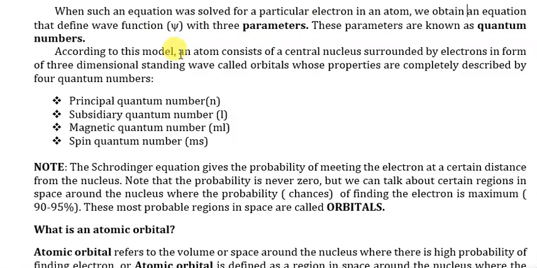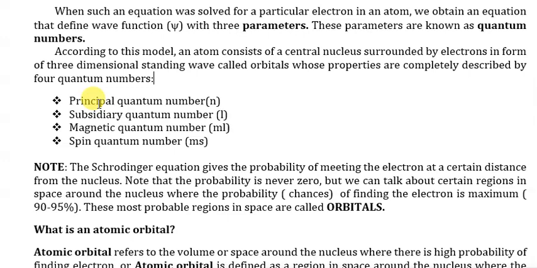So according to this model, an atom consists of a central nucleus surrounded by electrons in the form of three-dimensional standing waves. Electrons move in these three-dimensional standing waves called orbitals, whose properties are completely described by four quantum numbers. Quantum numbers are numbers which describe the properties of orbitals, the region around the nucleus where there is maximum probability of finding an electron.